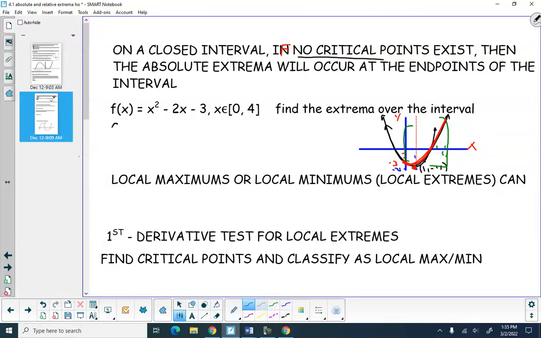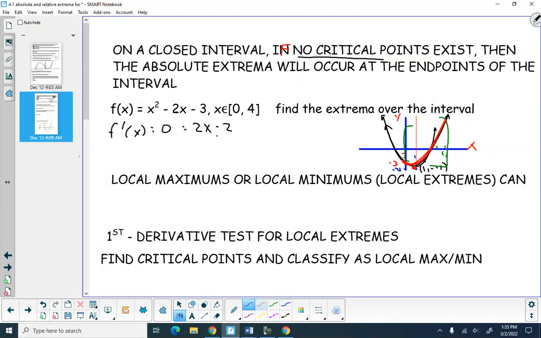From the front page, our critical point occurs where our derivative is 0. So we set our derivative equal to 0. What's our derivative here? We have x squared minus 2x minus 3. Our derivative would be 2x minus 2.